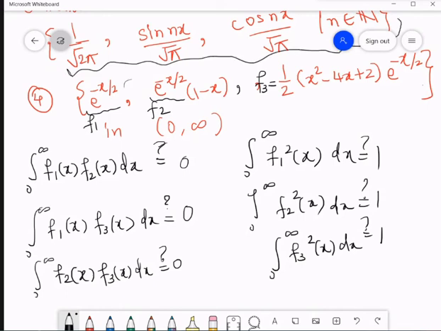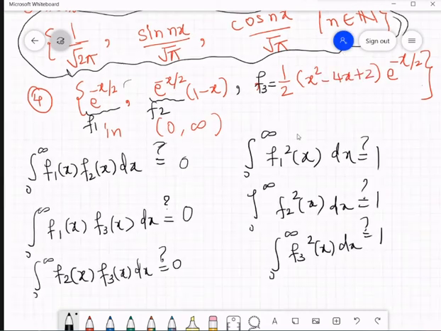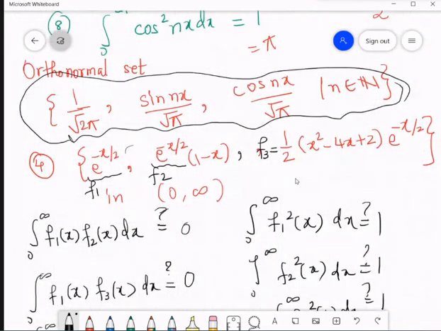Actually this is of great importance. The entire concept was included in your syllabus just to get this particular expression, whether this is an orthonormal set or not. This is what we were intending. And why was this required?